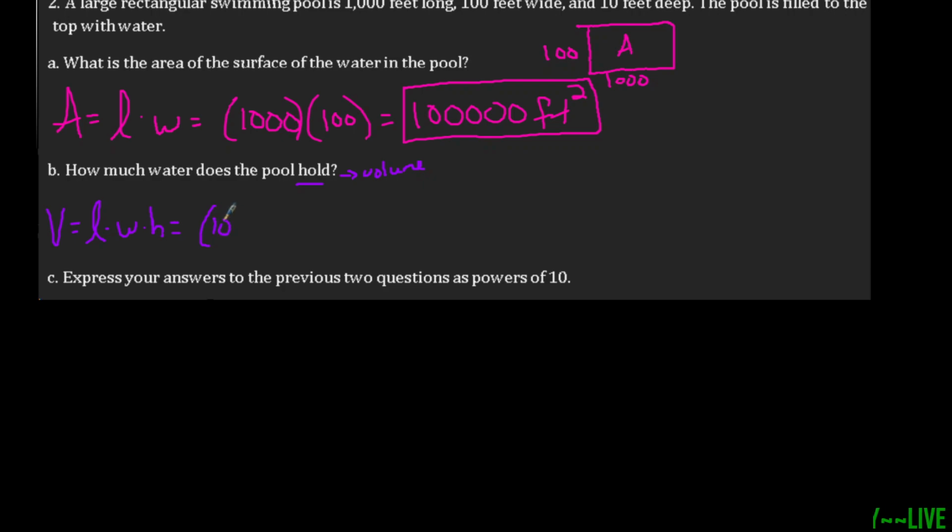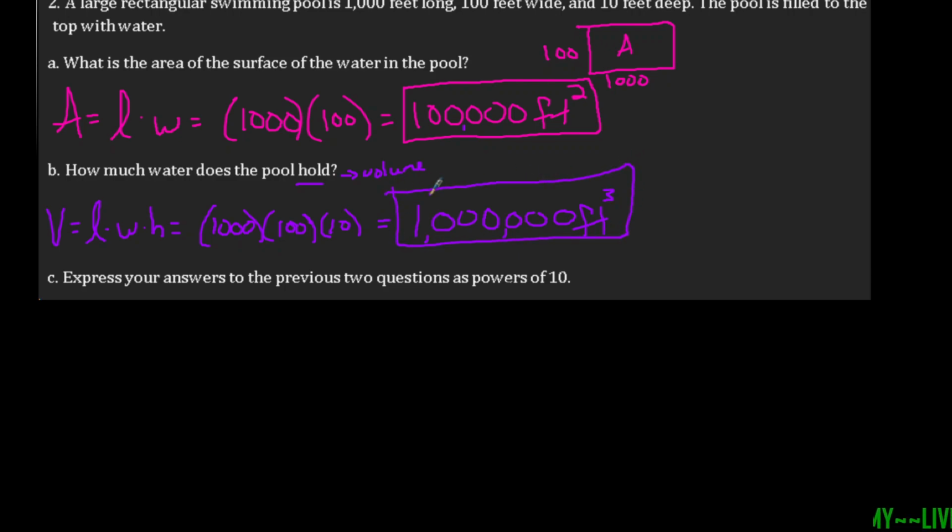We have 1,000 times 100 times 10, which should be 1 million. So we're going to say 1 million feet cubed, since we're talking about volume.